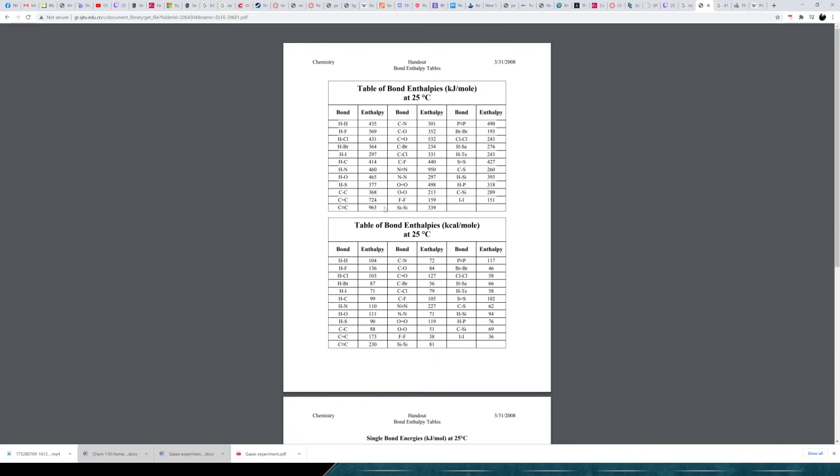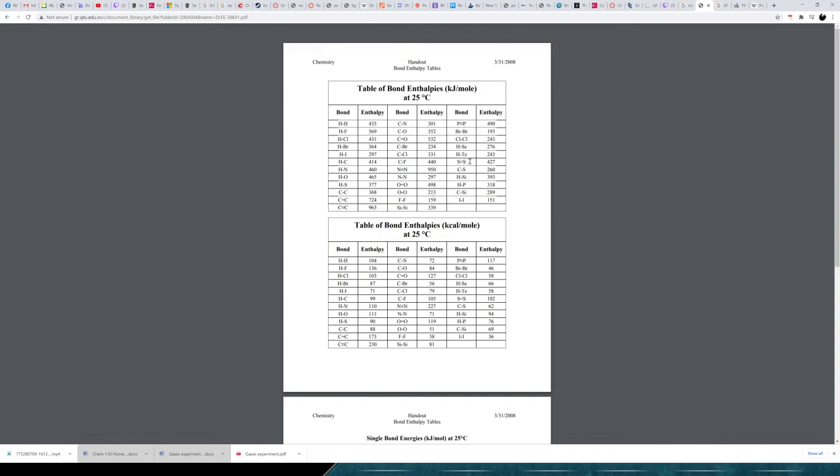There's a little bit of difference there, but the higher your bond order is, that is to say, it takes more energy to break a triple bond than a double bond, and more for a double bond than a single bond. And that's the case for all these. We can look at the same thing with nitrogen, triple bond 950, single bond 297, and oxygen double bond 498, single bond 213.